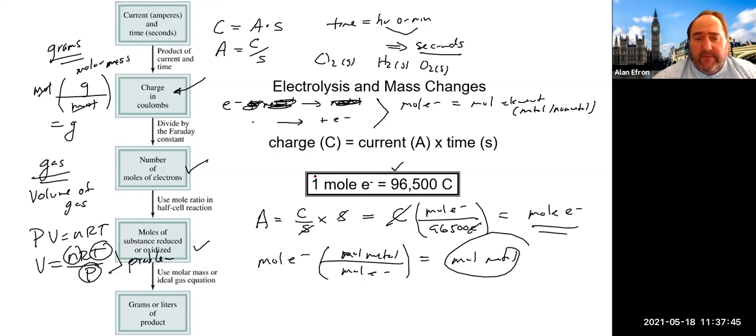But if you apply an electrical current, you're causing a chemical reaction to occur, a chemical change to occur. You're really causing a redox reaction to occur. If you maybe remember from the previous semester, there are three major reasons why reactions or chemical changes take place.